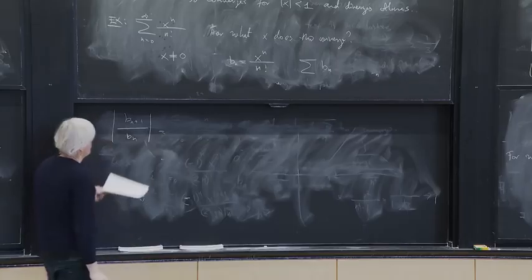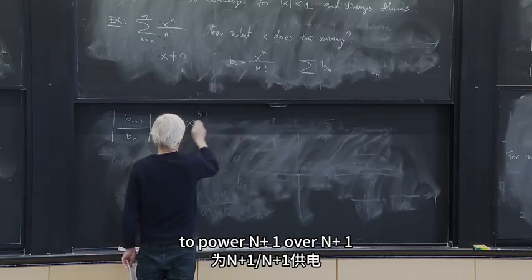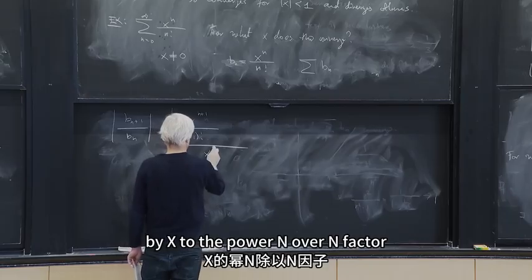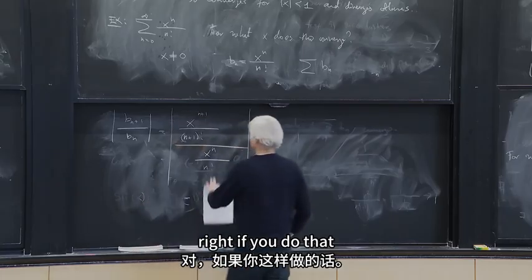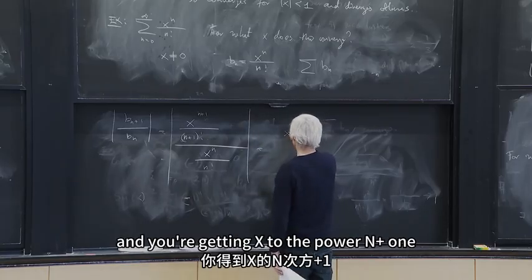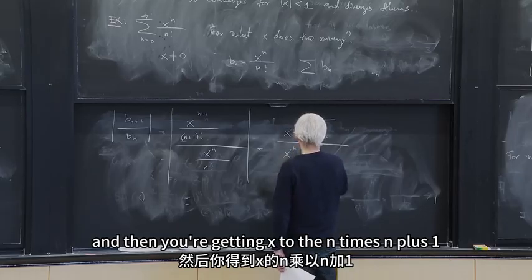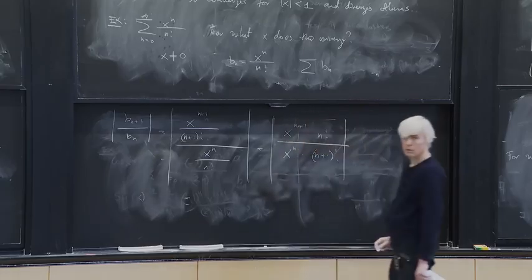Well, this is just x to the power n plus 1 over n plus 1 factorial, and then you have to divide it by x to the power n over n factorial. If you do that, this flips upside down, and you're getting x to the power n plus 1 times n factorial, and then x to the n times n plus 1 factorial. So this is what it's equal to.